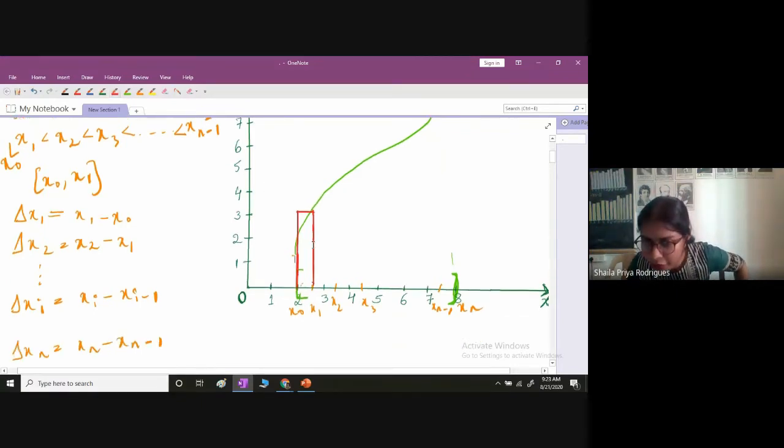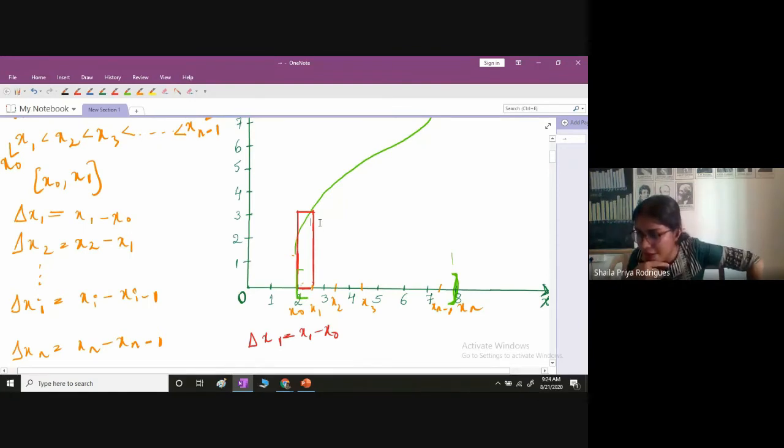I've got the length of one side of this rectangle. This length is going to be x1 minus x0, and I've denoted that as delta x1. Now, if delta x1 is the width, give me the length of the other side of the rectangle.